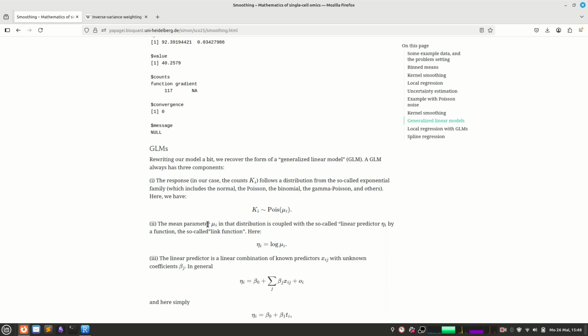There are some ways of getting around it, but in the classical formulation of a GLM, you reparameterize your distribution such that one of the parameters is the mean. The other parameter is usually either set constant or needs some special treatment.